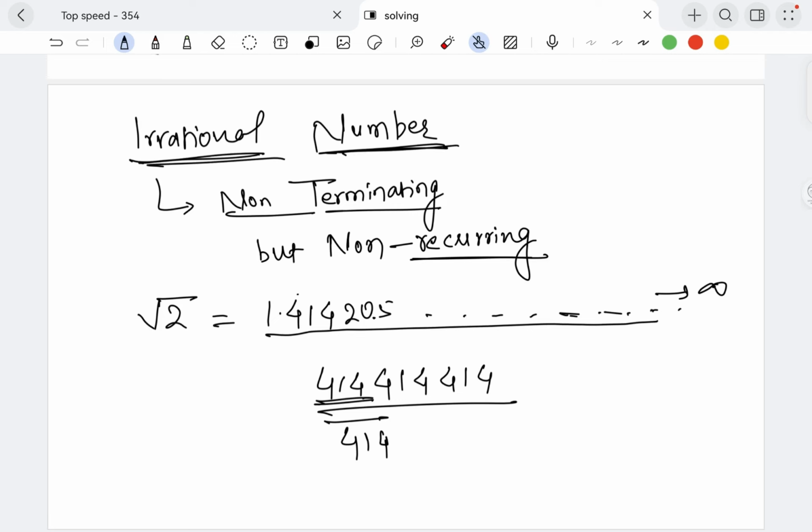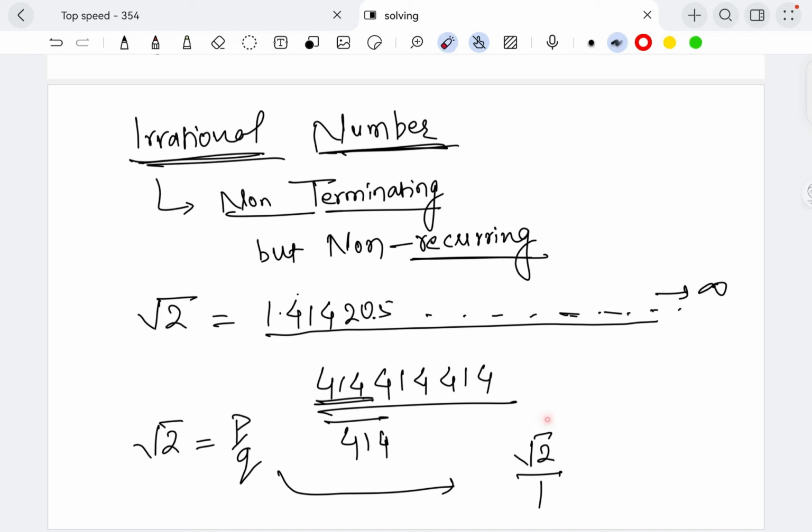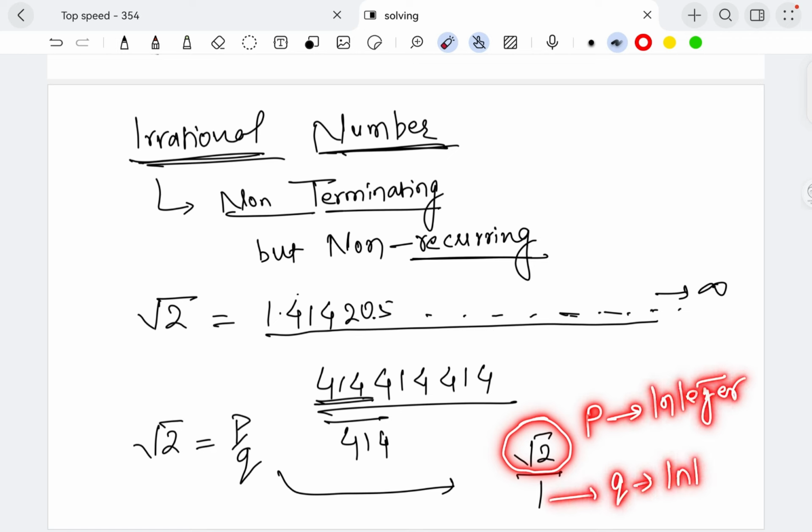Now, you can ask me, okay Abhishek, we can also write root 2 in a p by q form, right? Just like the way you explained a rational number. So root 2 can be written as root 2 by 1. Of course, it can. The point is, I told you one more criterion: p has to be an integer, and q has to be an integer as well.